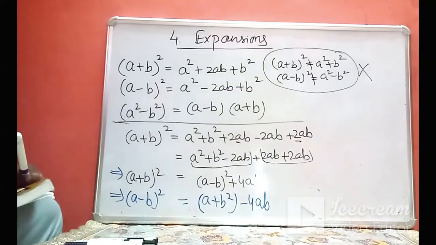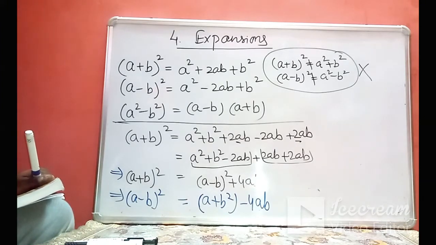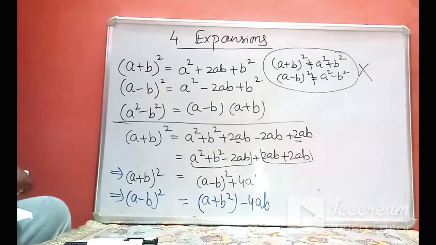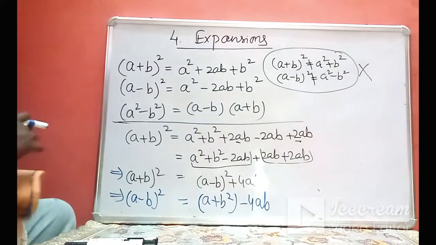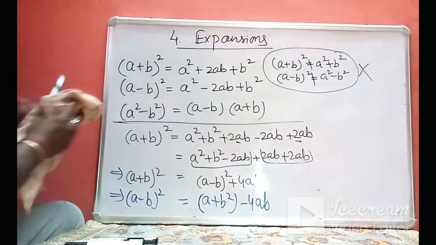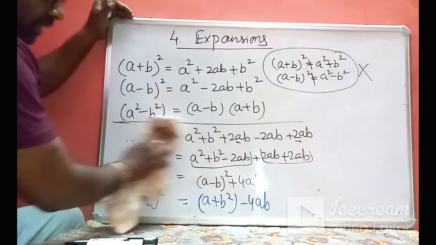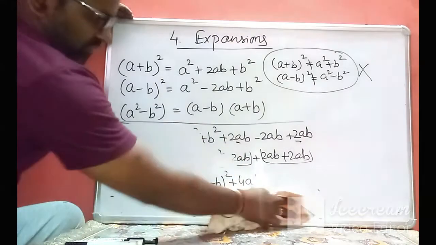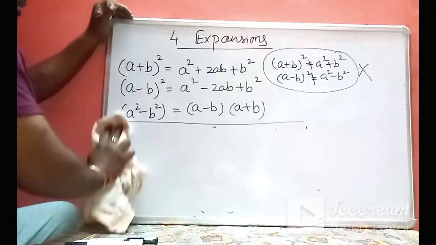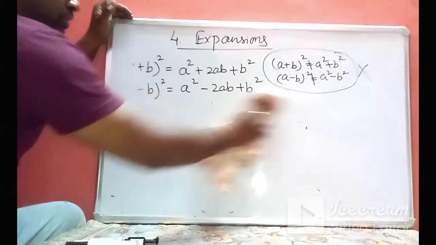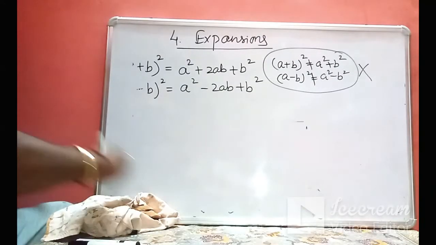Okay, then we will discuss a few more like this. We will manipulate the identities and form a few more identities. Now again I am erasing this portion, and this one too.